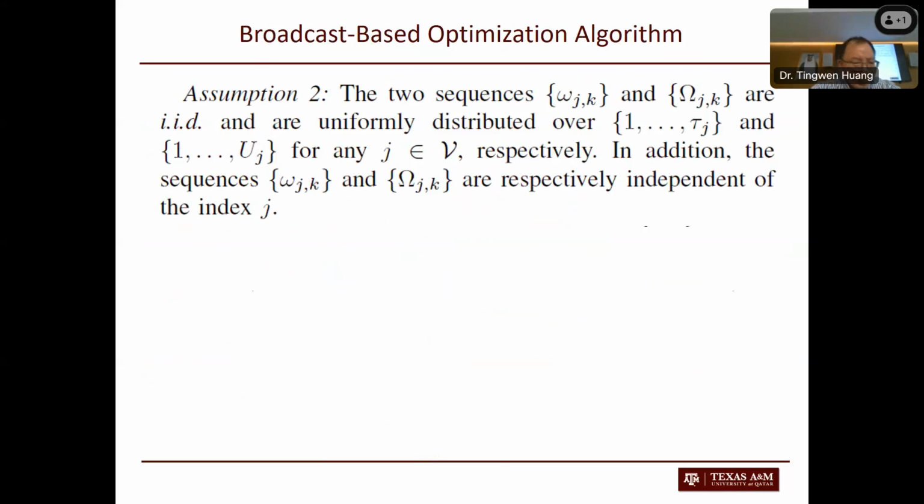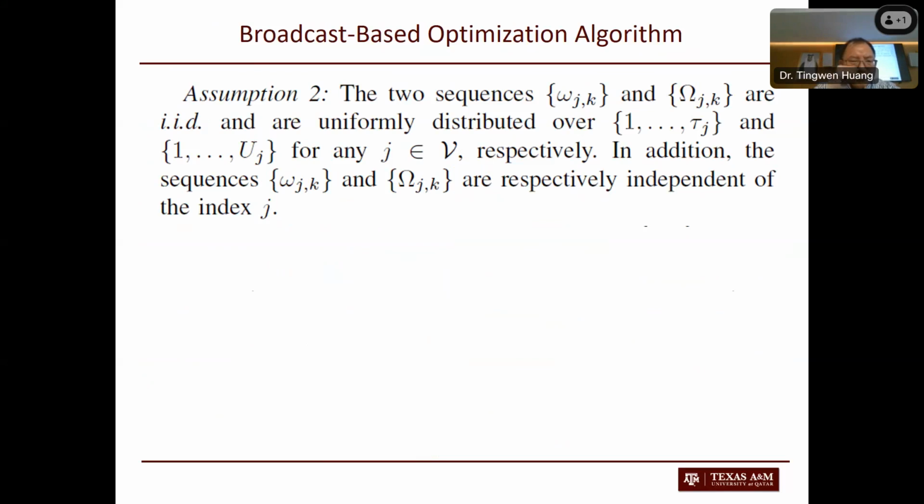Assumption 2, the two sequences, omega, are independent and identically distributed, and are uniformly distributed over 1, 2, 3 to tau j.